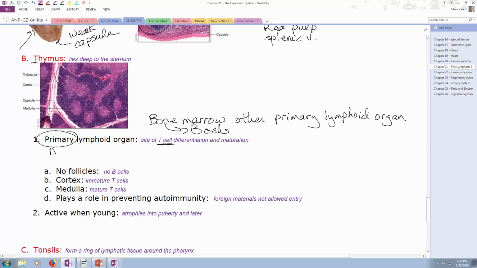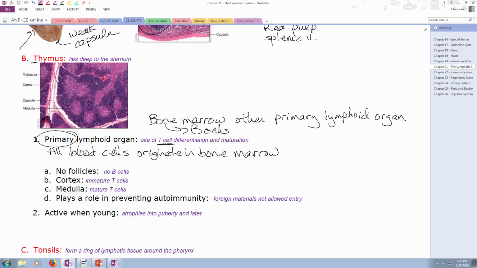And we did already mention, but all blood cells originate in bone marrow, more specifically red bone marrow. But the ones that go to the thymus and get in there become our T cells. So deep to the sternum, on top of the heart, and superior aspect of the heart.